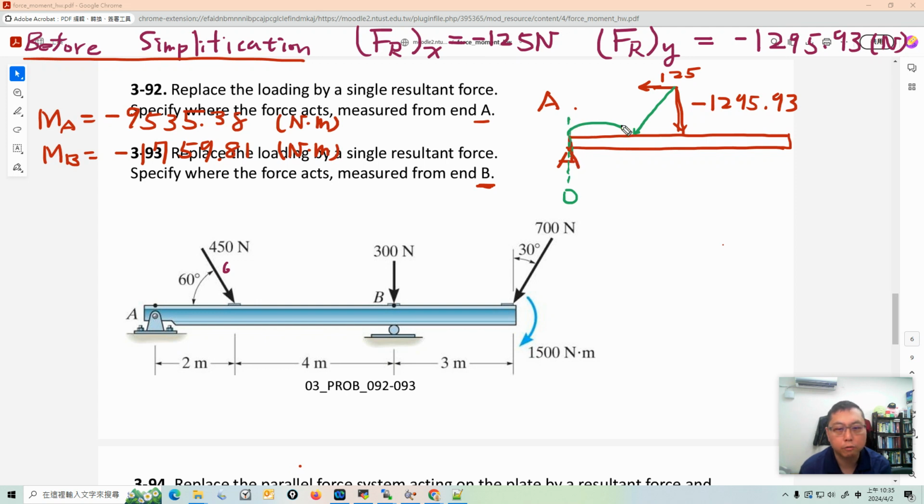We don't know the position of the resultant force, so we just set it as X. We have to find X because we already have the resultant force. And for a simplification, the very important concept is that the total moment before and after simplification must be the same. So the total moment before simplification, using A as the reference point, is minus 9535.38.